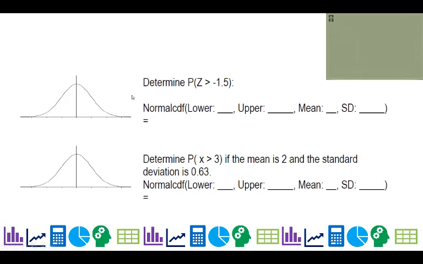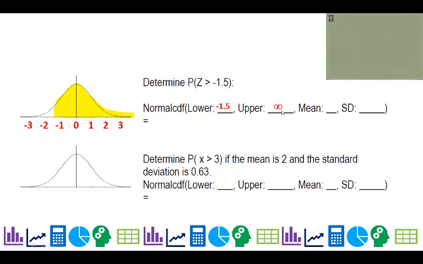One of the advantages of using a calculator is finding the greater than probability. We don't have to do the 1 minus thing that we have to do with the percentiles. So let's look at this. We want z greater than negative 1.5. If I shade that in, that would be roughly this area. My lower is negative 1.5.